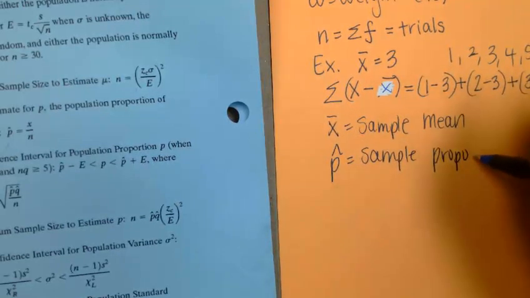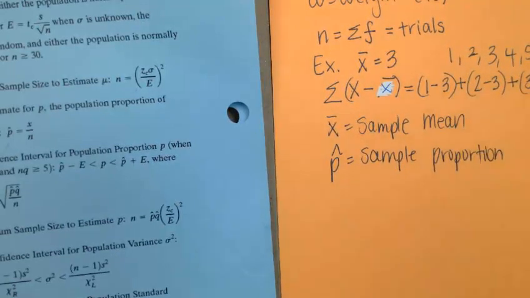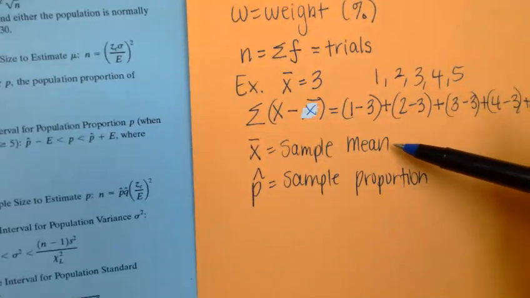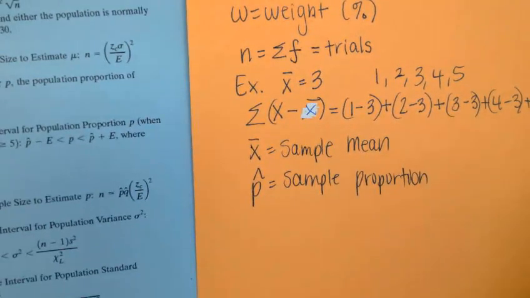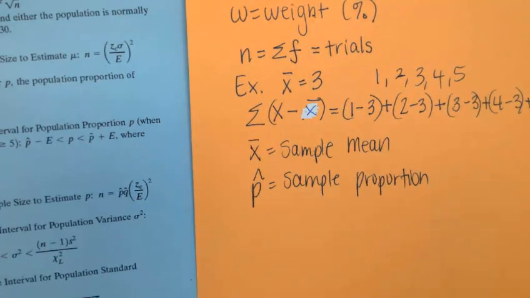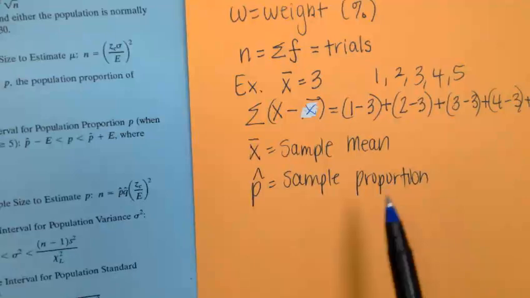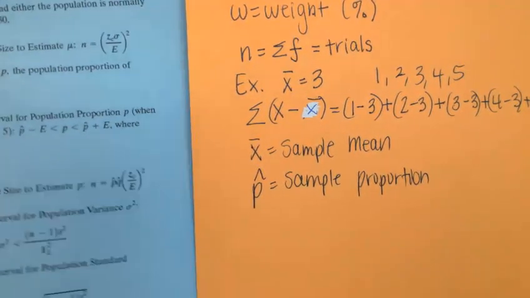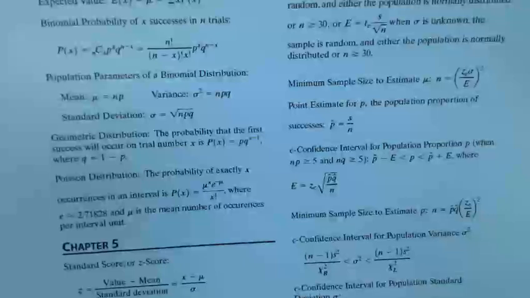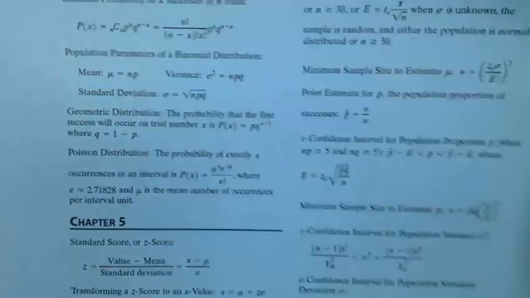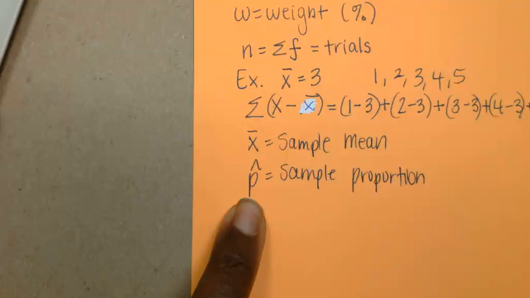So instead of actually having a number for the mean, we have a percentage describing what part of our sample. So 30% of our sample has this characteristic. 25 has this characteristic. So p hat is a sample proportion. What proportion means percentage. So p hat, q hat is the opposite.